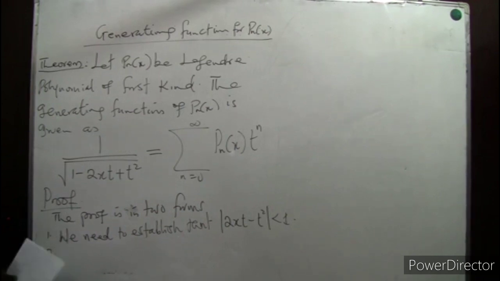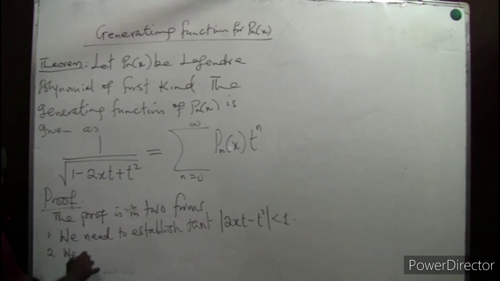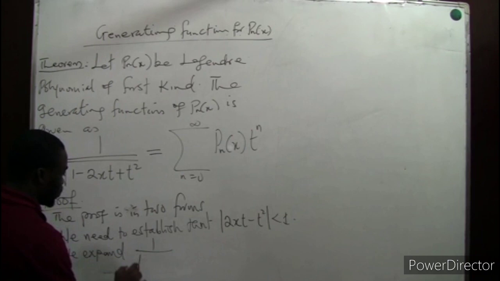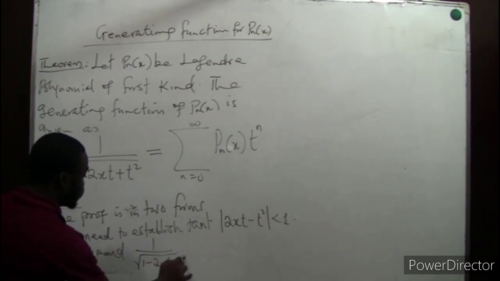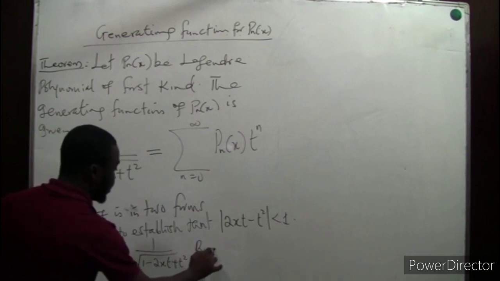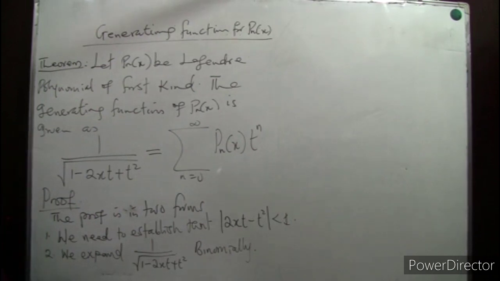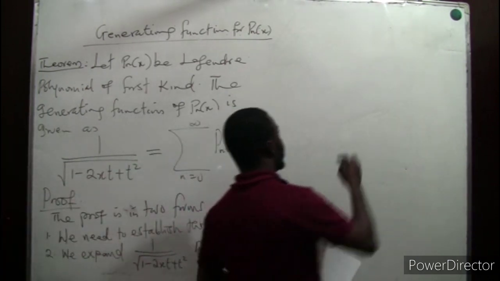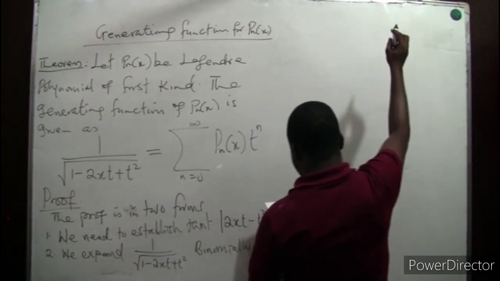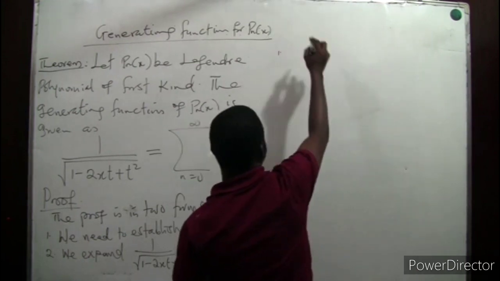The second one, we expand 1 divided by square root of 1 minus 2xt plus t squared binomially. So that's what we're going to do. So how do we establish the first one? Now to establish that one, let's start this way.